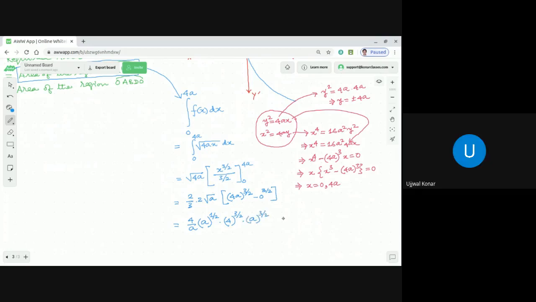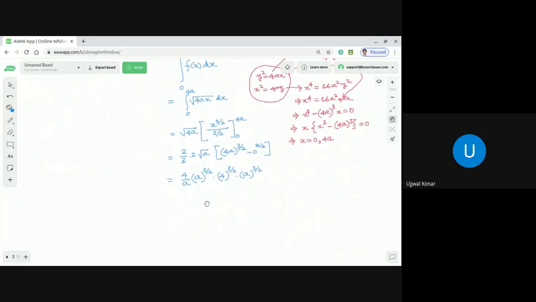I am doing some 7th standard mathematics, by the way. I hope you agree with me. Sorry, I made a mistake here. So 4 to the power 1 into 4 to the power 3 by 2, that is 4 to the power 1 plus 3 by 2.